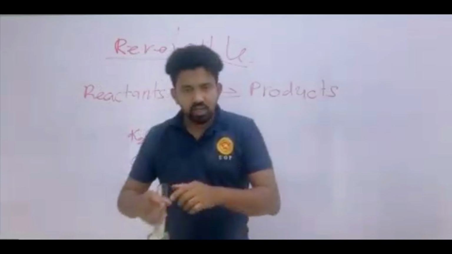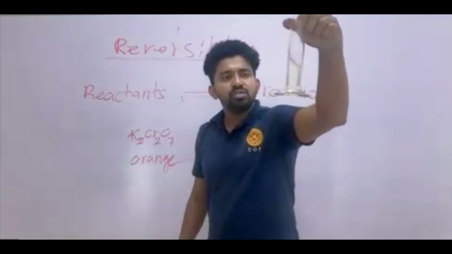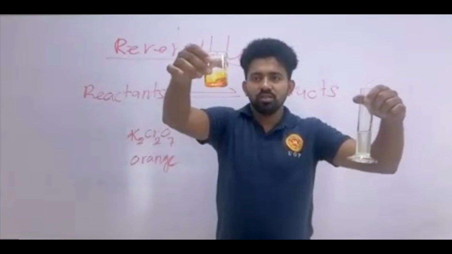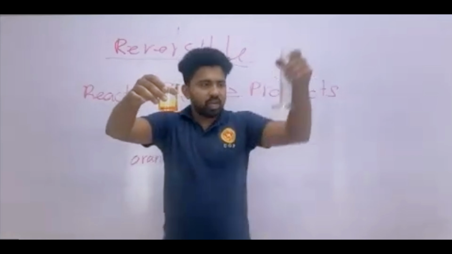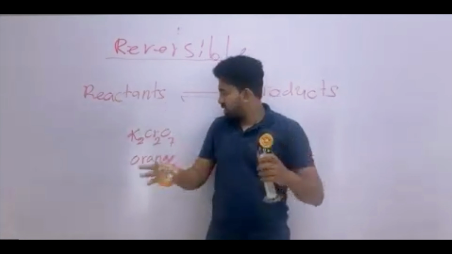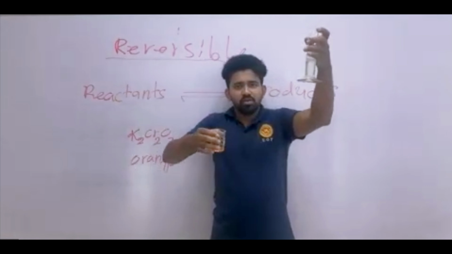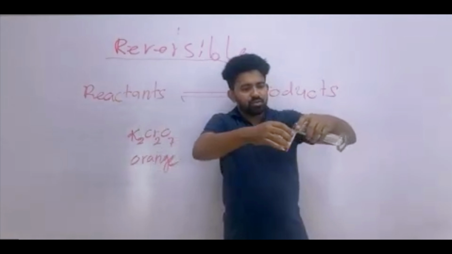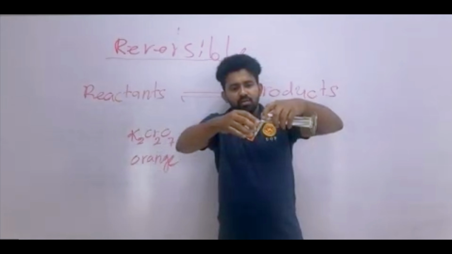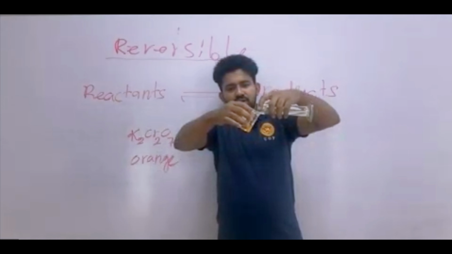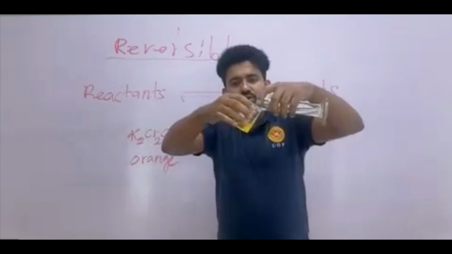Now here this one has the NaOH that we dissolved, and this is the orange K2Cr2O7. Now I will put NaOH into this one. We mix some NaOH into it, and we can observe the color change.